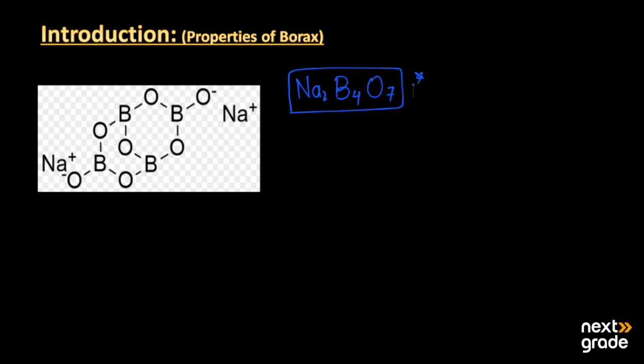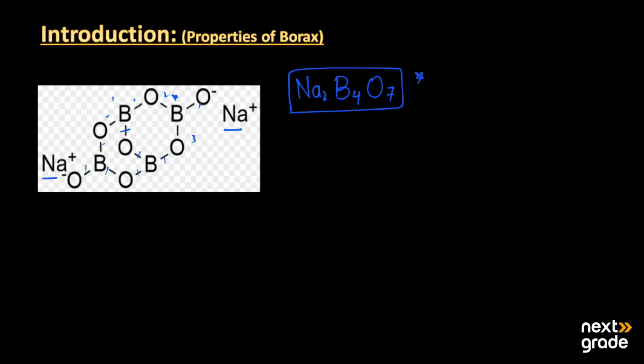And in its structural formula, we have the two sodium cations along with the boron, which has three bonds with oxygen. It's 1, 2, and 3. So every boron has three bonds, 1, 2, and 3. This boron also has 1, 2, and 3, and this boron also has three bonds with oxygen.